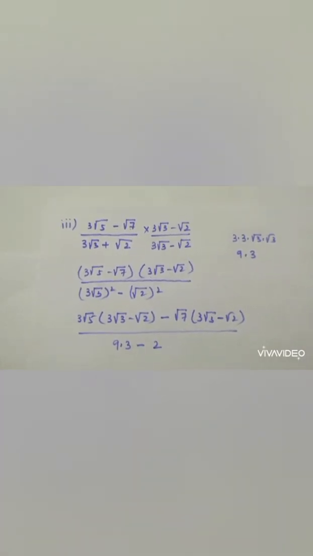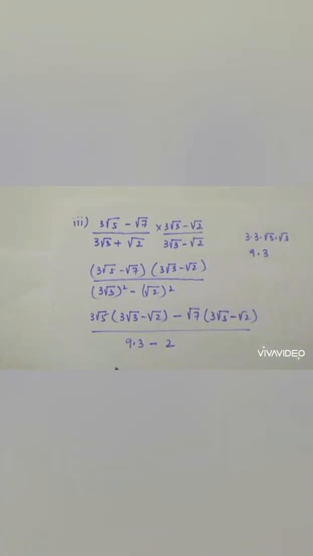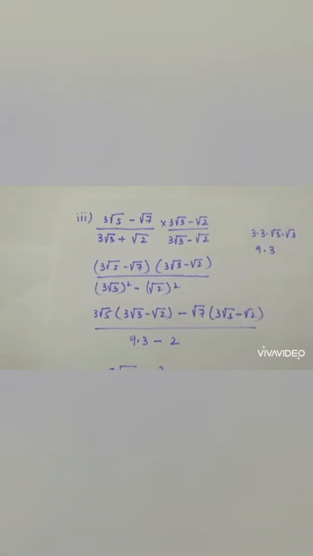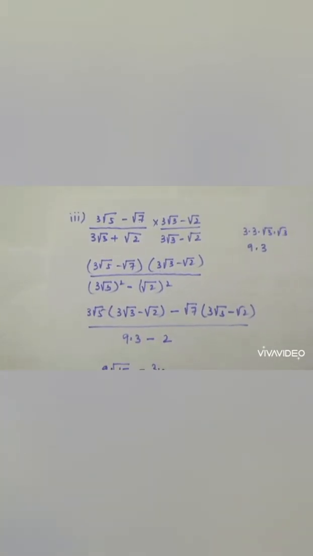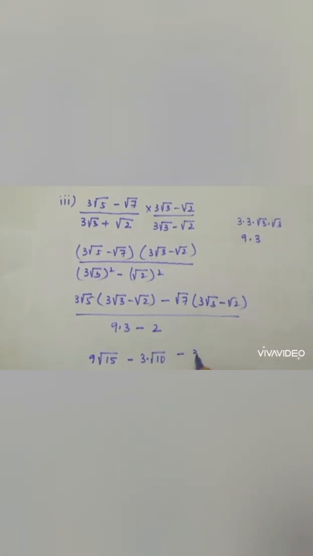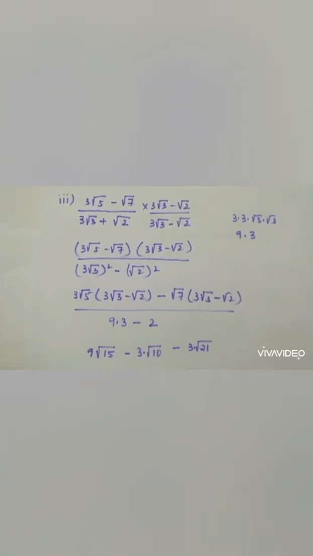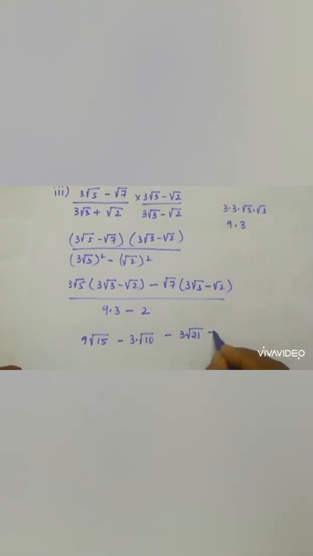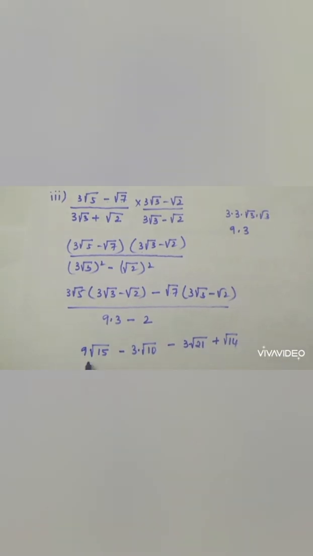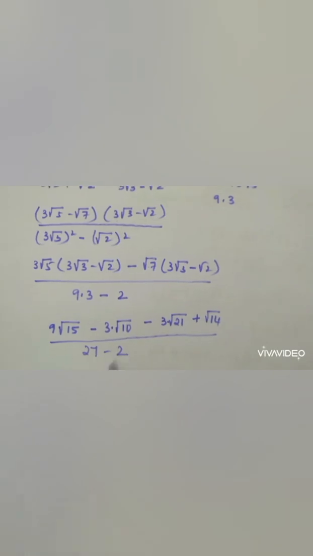Now, multiply 3 3s are 9 into root 5 into root 3 is root 5 3s are 15, minus 3 into root 5 into root 2 is root 5 2s are 10, minus, here 3 into root 7 into root 3 is root 21, 3 7s are 21, minus minus plus root 7 into root 2 is root 14, 7 2s are 14, by 3 9s are 27 minus 2.